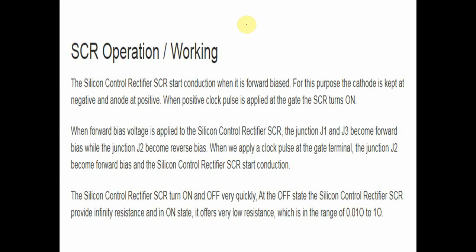Similarly, SCR also works in forward bias. But in SCR there are three junctions present: J1, J2 and J3. When all three junctions are forward biased, at that time SCR starts conducting, otherwise SCR is in off state.